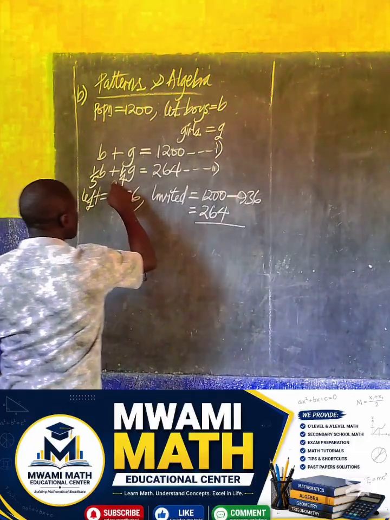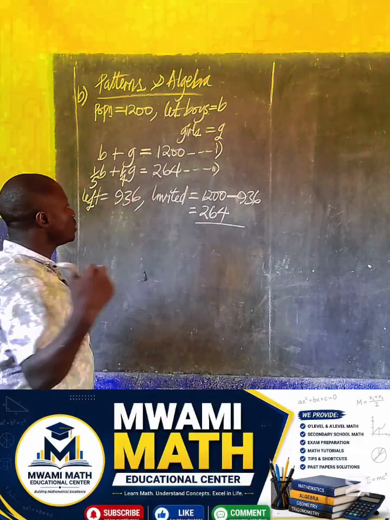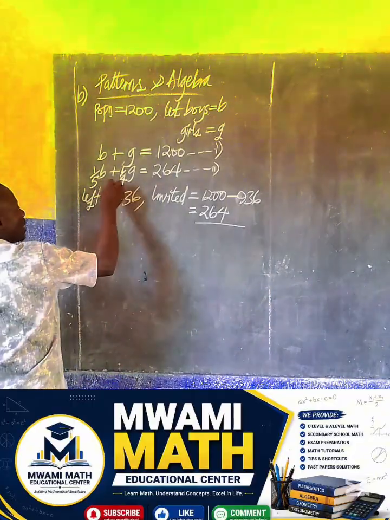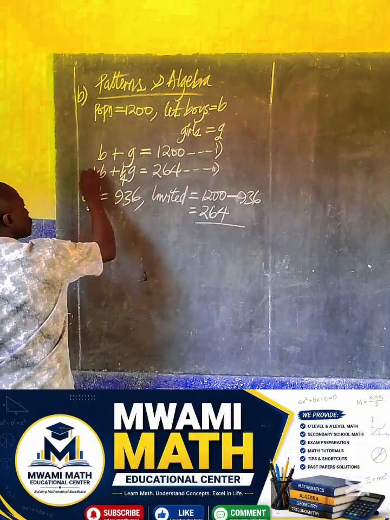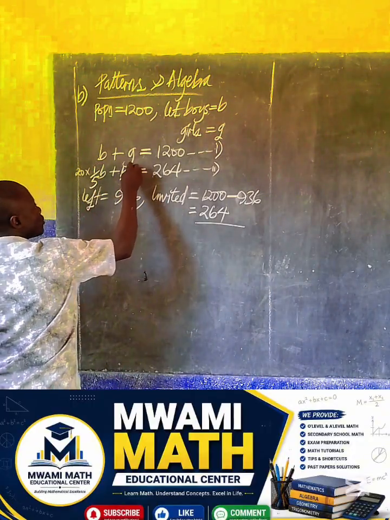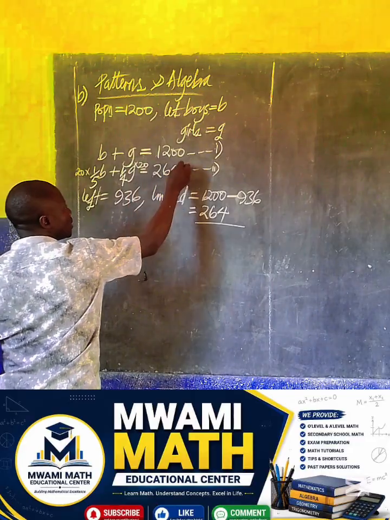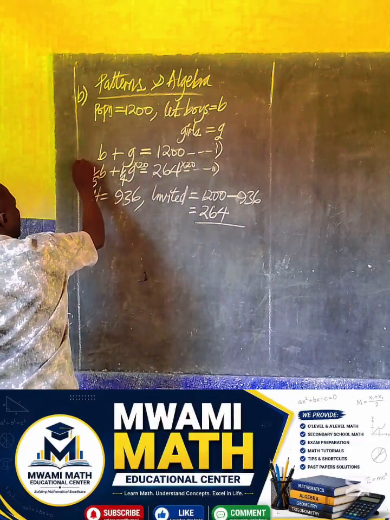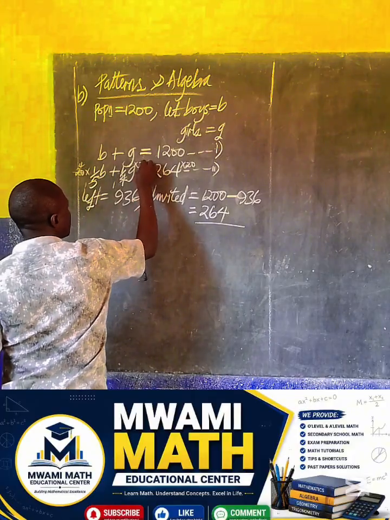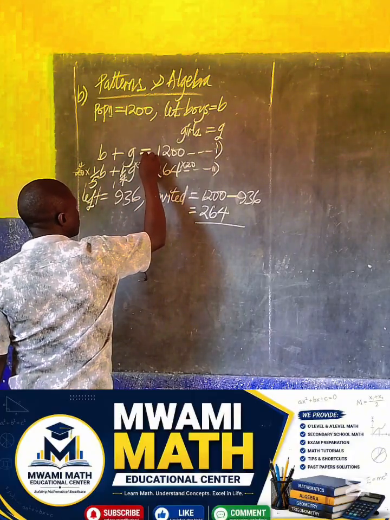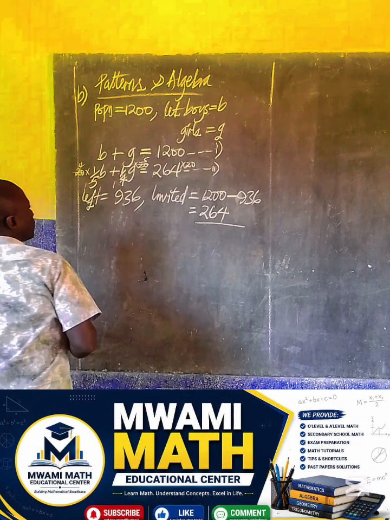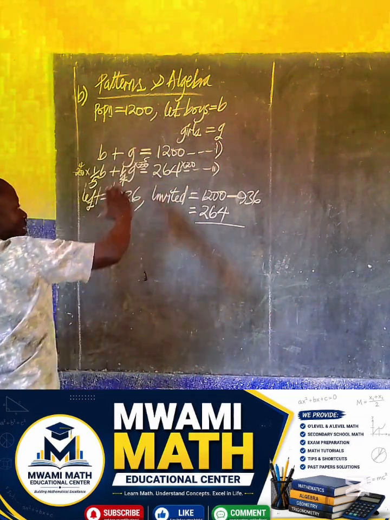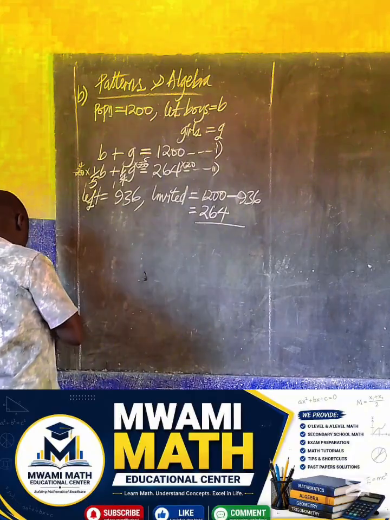So from here, we can remove the fractions by multiplying all through by the LCM. What's the LCM? 20. So 20 by a fifth gives 4, and 20 by a quarter gives 5. So we now rewrite these equations.